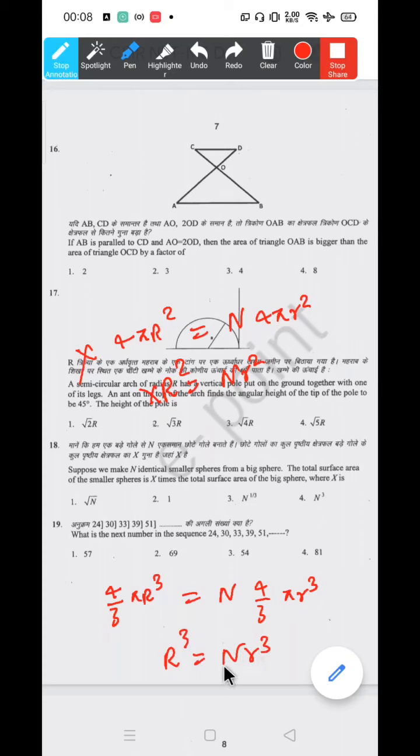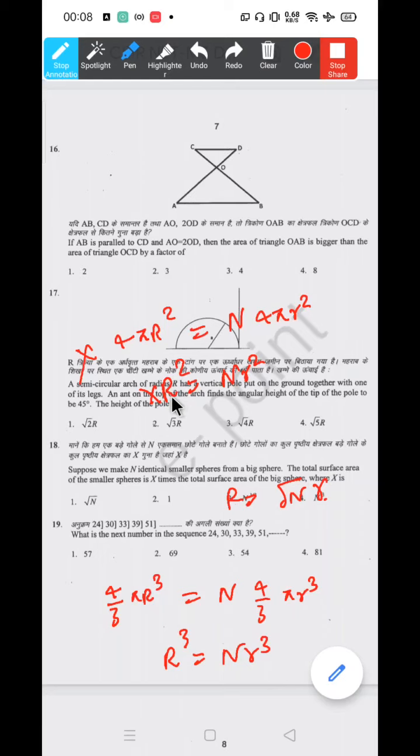Yes, so what next? No, cube root of n. Here if I try to find the value of r, just divide it with this. So what will be your value of r? R will be cube root of n into small r. Let us substitute it here.